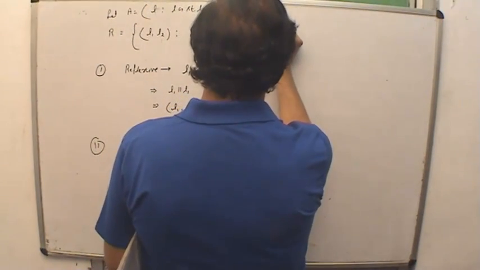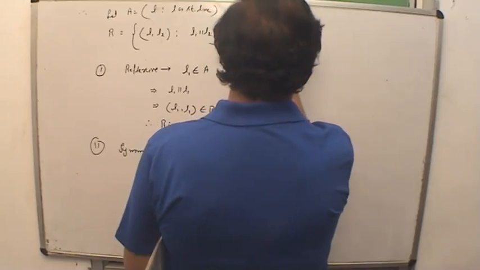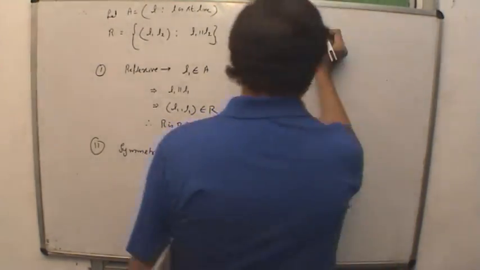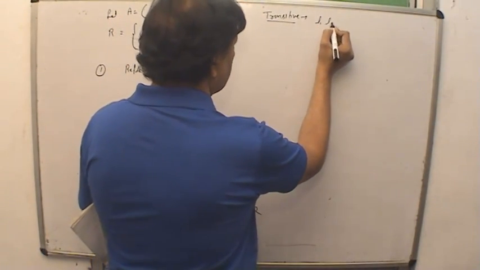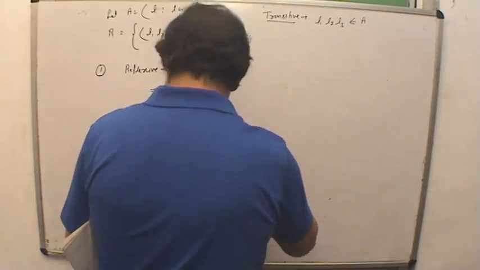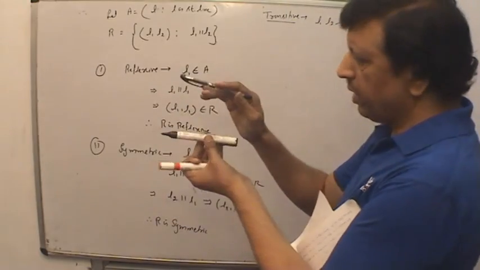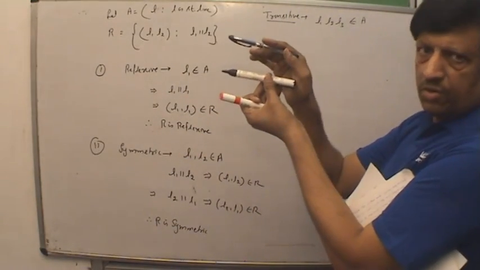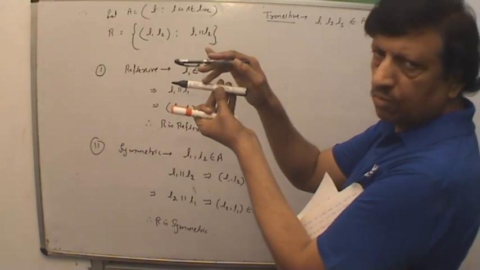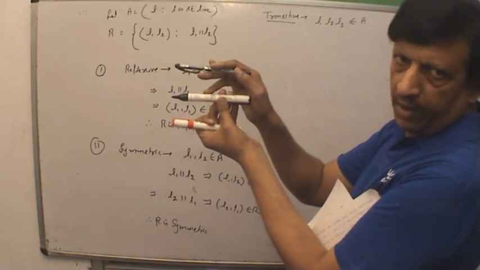Now, third property, that is transitive. For transitive, we require three members. We consider three lines, say L1, L2, L3 belongs to A. If we say this blue line is parallel to black line and black line is parallel to red line, it means red line is parallel to blue line.